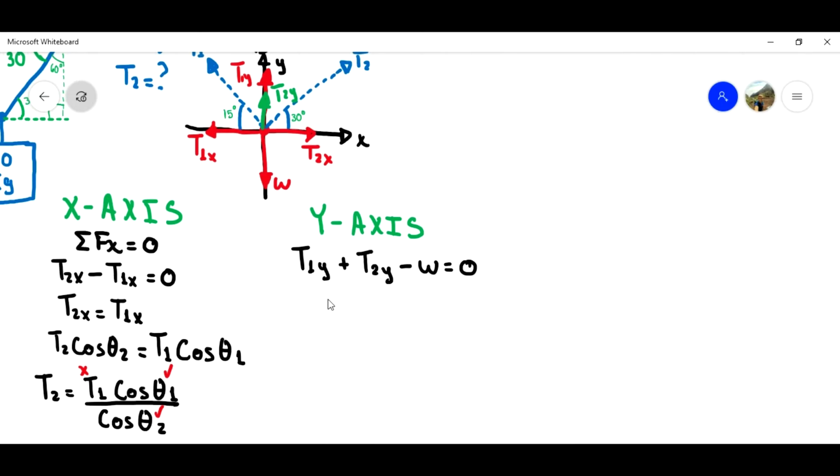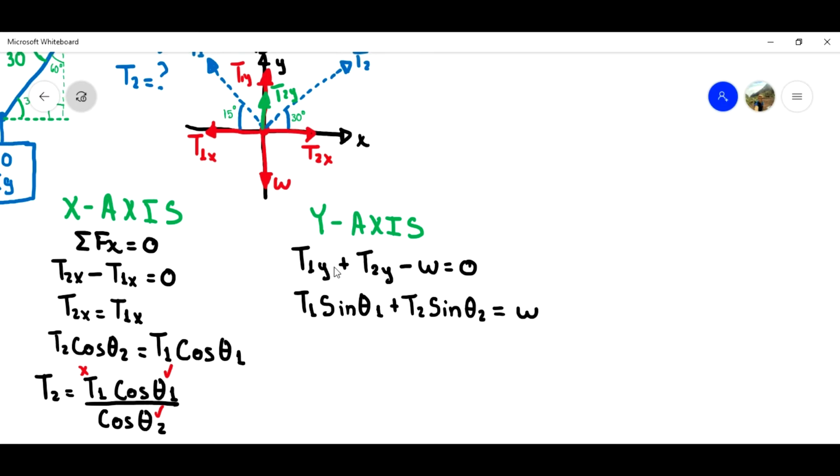Then I'm going to remove the y and substitute them by the sine of the angles. So tension 1 multiplied by the sine of the angle of tension 1 plus tension 2 times the sine of the angle of tension 2, and in this case I'm going to move weight to the other side, and it's negative, so it's going to be positive, equals weight.